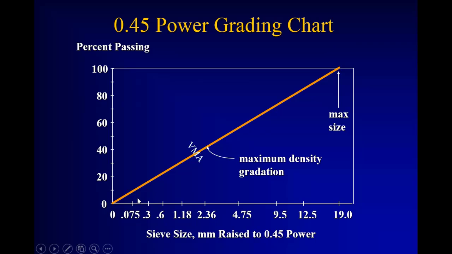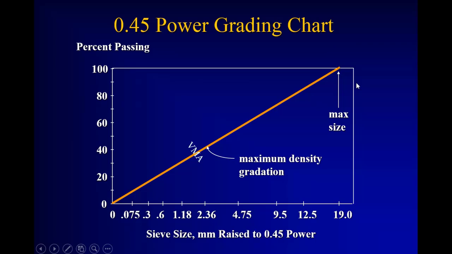if we take this 0.45 power chart and we put a dot here at the origin, 0% passing, 0 size, and we put a dot up here at the maximum aggregate size. In this case, here's our 12.5 mix. That's our nominal maximum aggregate size. 19 millimeter, 3/4 inch, is the maximum size.